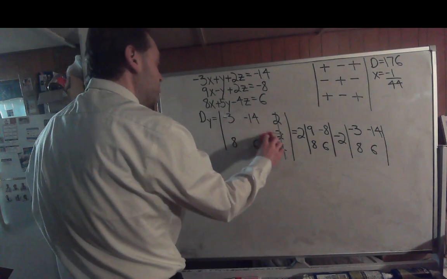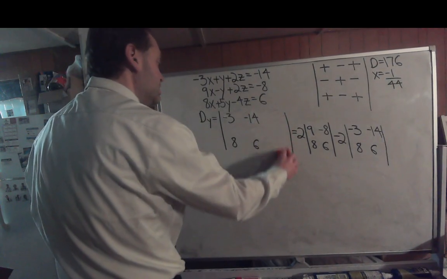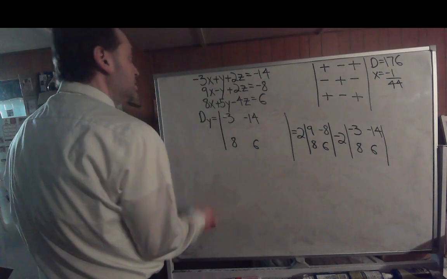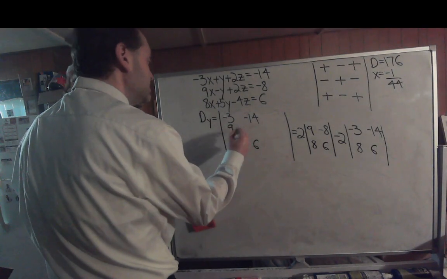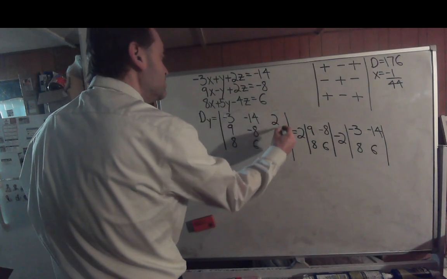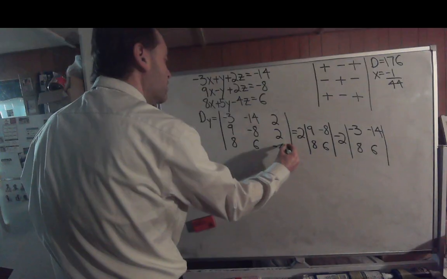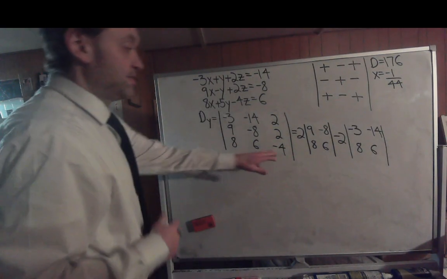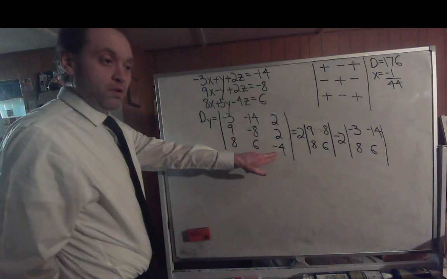And I will rebuild this one more time. This will be 9, 14, negative 8, and you have 2, 2, and negative 4. All right. Final entry of the third column is a negative 4.